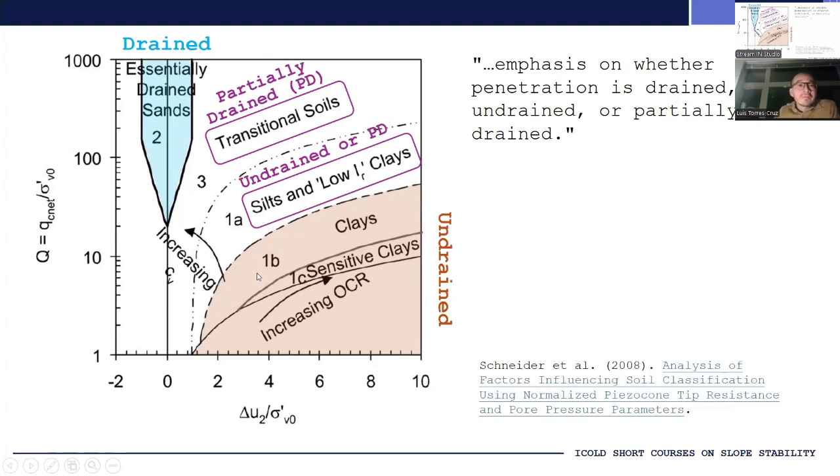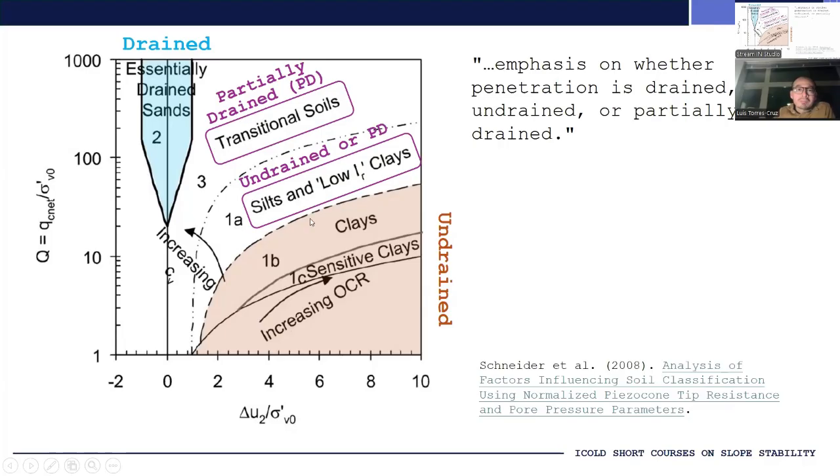So here we have the chart divided into these different areas. So over here in this blue area, if your data plot over here, then the authors are telling us it means that the CPT was drained.